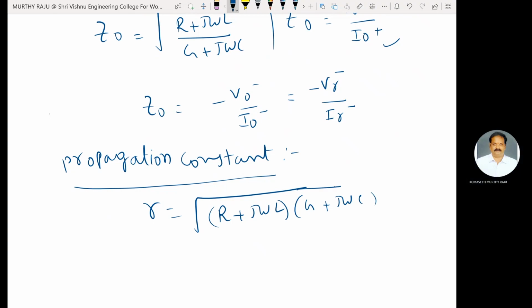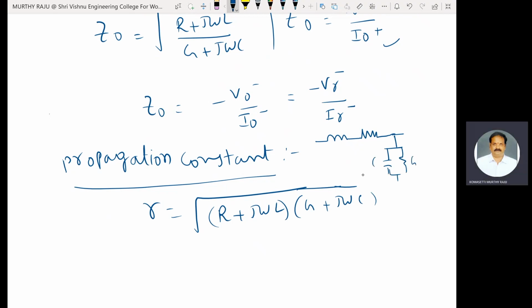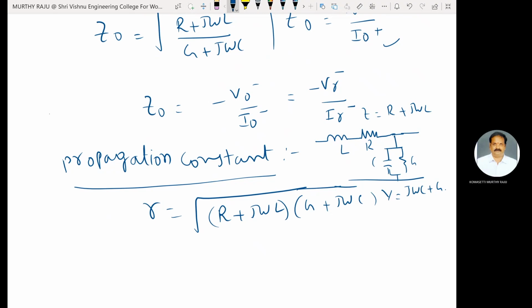This is a transmission line having resistance, inductance, capacitance and conductance: R, L, C, G. Here the series impedance Z is equal to R plus j omega L, and the shunt admittance Y is equal to G plus j omega C.